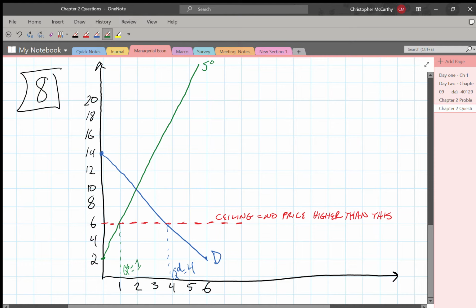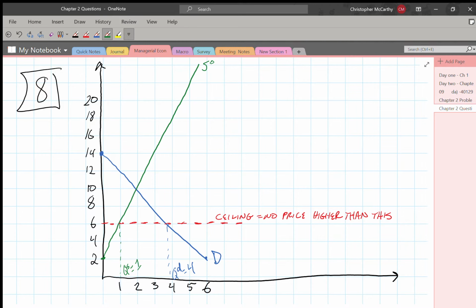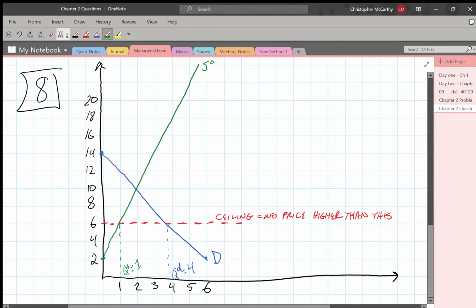So the resulting shortage here is literally just the difference between the quantity demanded and the quantity supplied. So we're told that the shortage is 3 units.